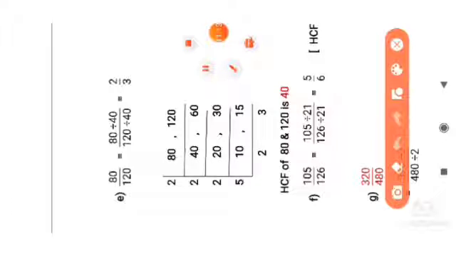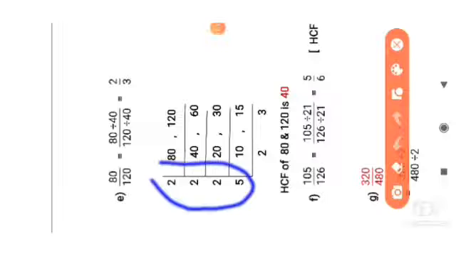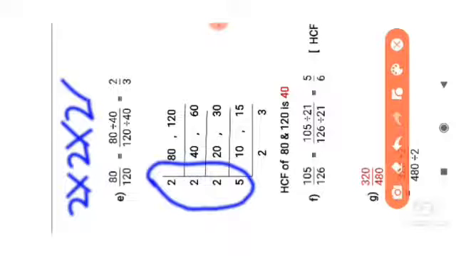Now let's see what is the HCF of 80 and 120. HCF of 80 and 120 is 2 into 2 into 2 into 5. That means 2 multiplied by 2 is 4, 4 multiplied by 2 is 8, 8 multiplied by 5, 8 fives are 40. So our HCF is 40. Now what is our next task?